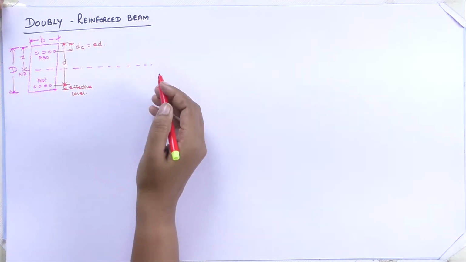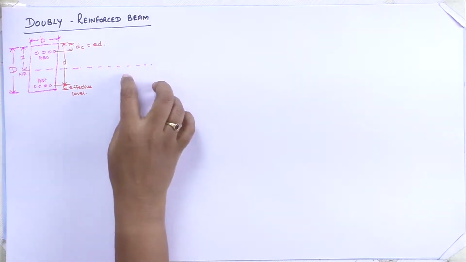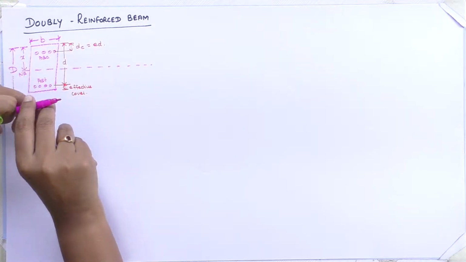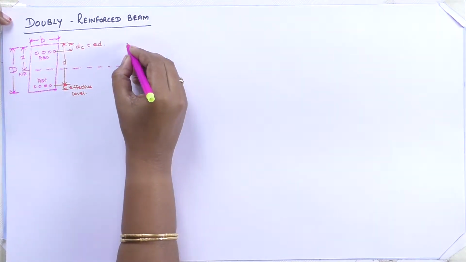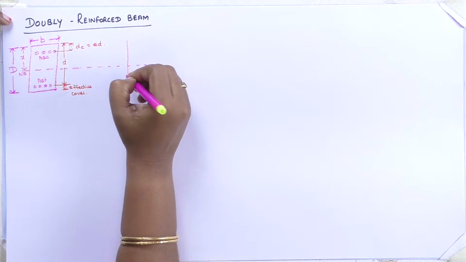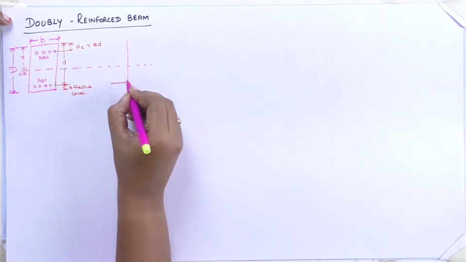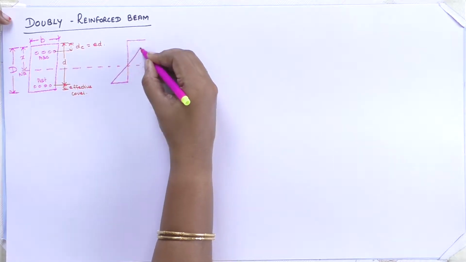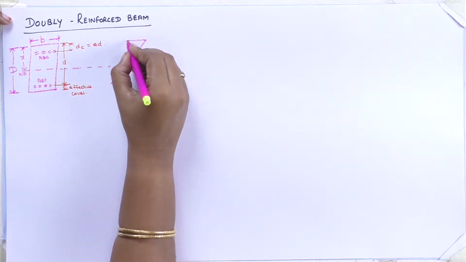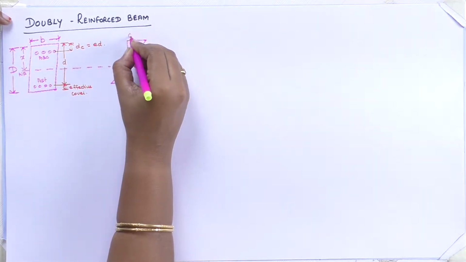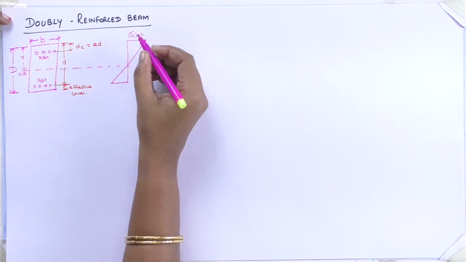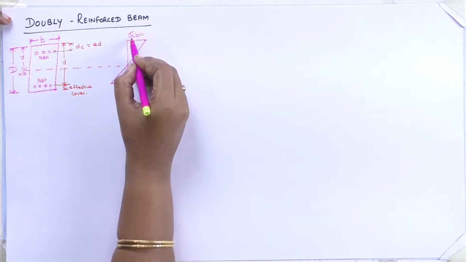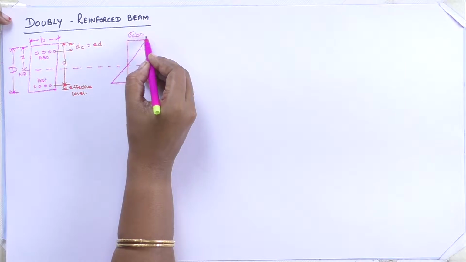Now we are going to draw the stress block for this doubly reinforced section. How to draw the stress block? In the same way, this is your ultimate stress in concrete, sigma CBC, permissible stress in concrete under bending compression.